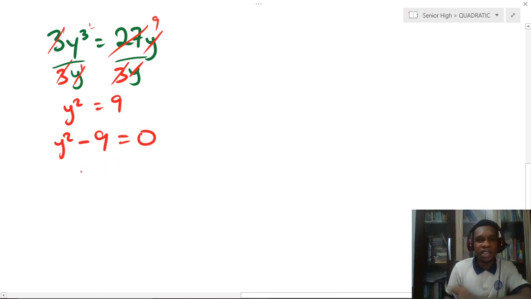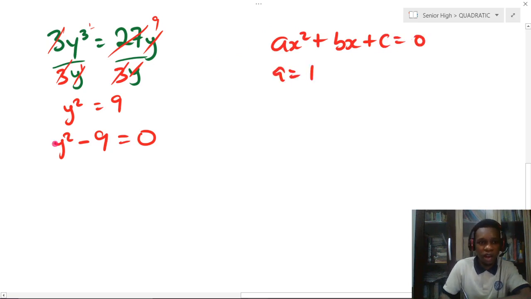So what's next now? Now notice something. We have our quadratic equation to look like ax squared plus bx plus c equal to 0, right? Now we know that our a here is what? 1, because our y carries a value of 1 here. Our b is 0. Why did I say 0? Because there is no by, or maybe anything that is carrying just a singular value of y.